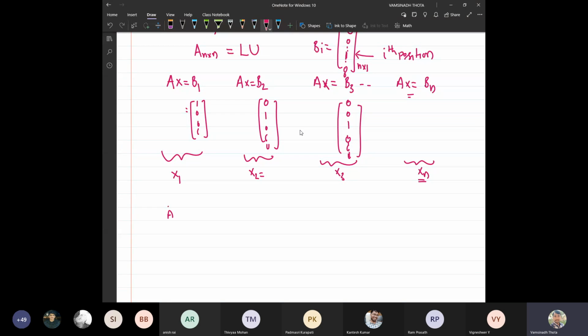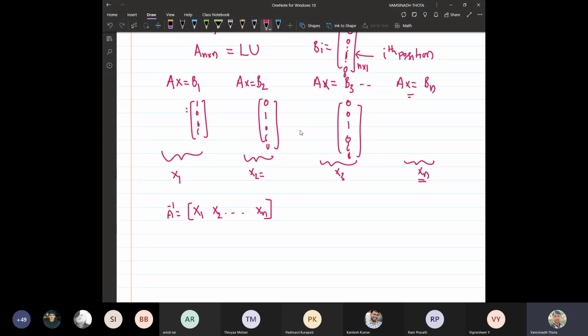Now, A inverse can be given by, it is nothing but the columns. A inverse is a matrix in which the columns are nothing but x1, x2, and so on, xn.